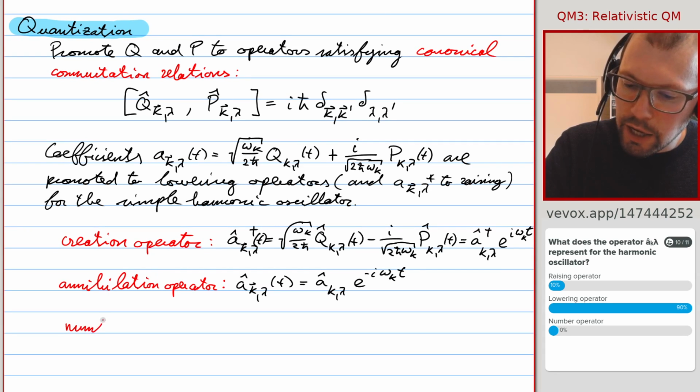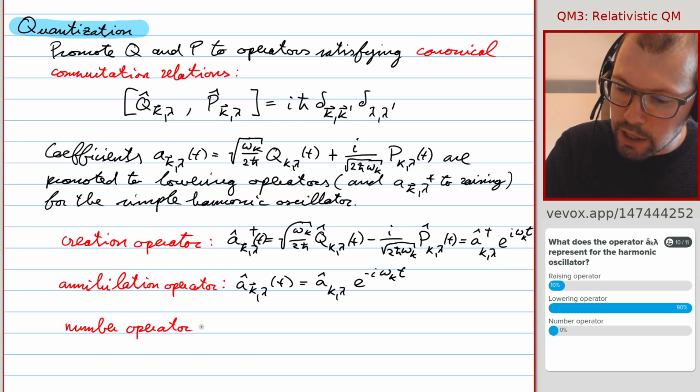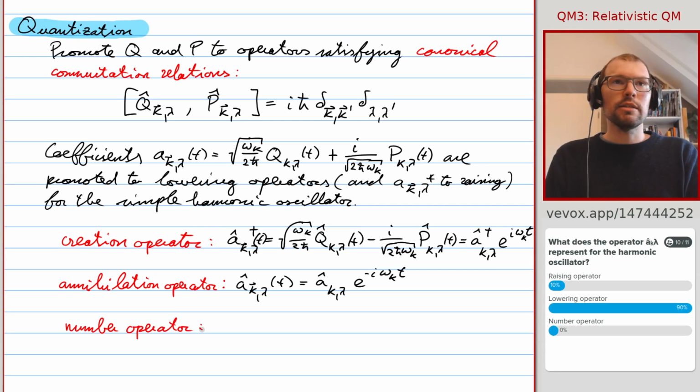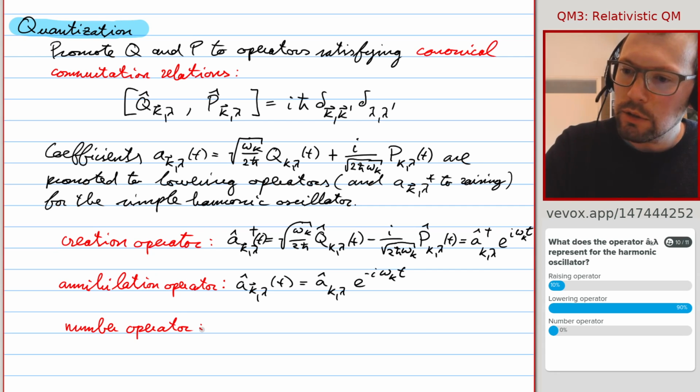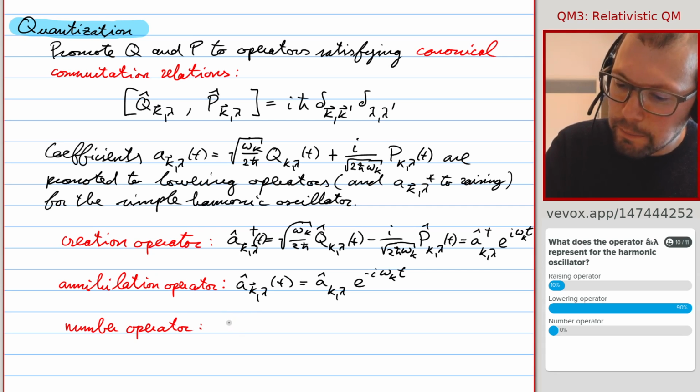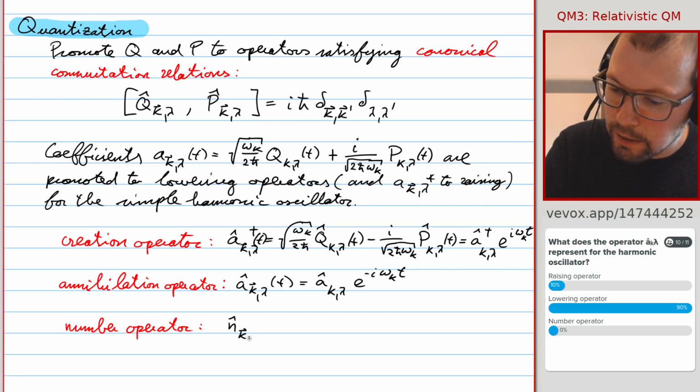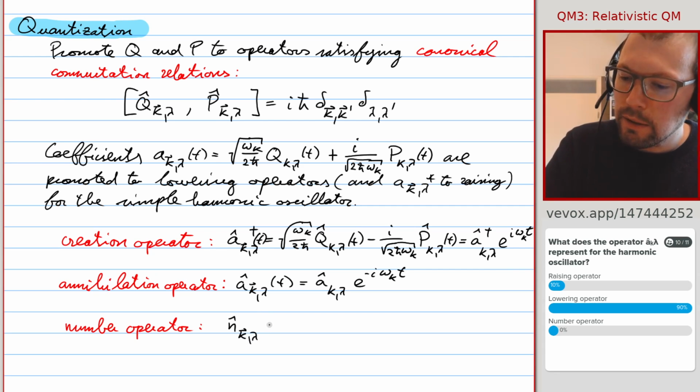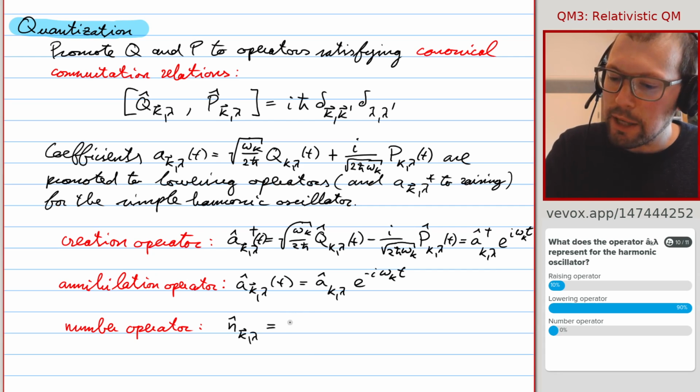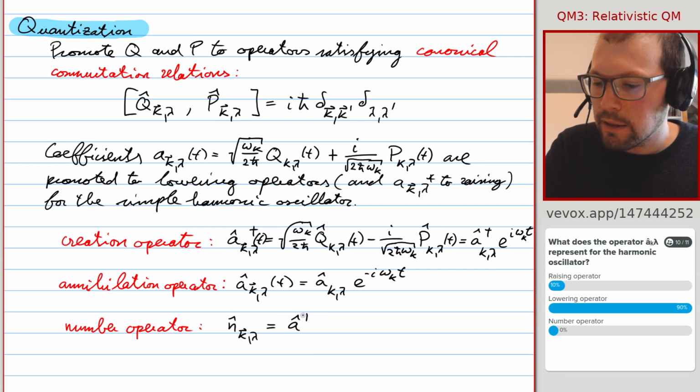And of course, we also have a corresponding number operator, just counting the number of quanta in this mode k and lambda, which is time independent, and is given in the usual fashion.